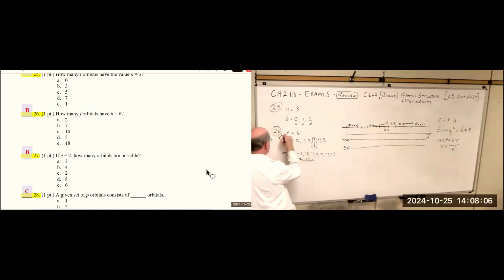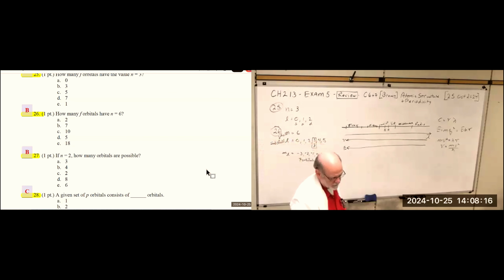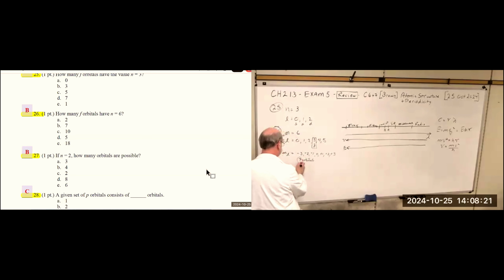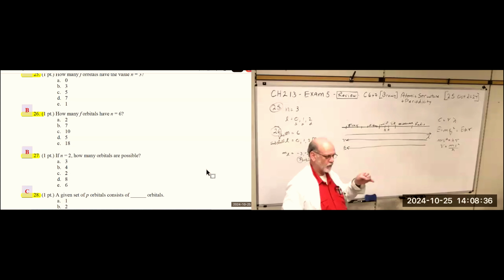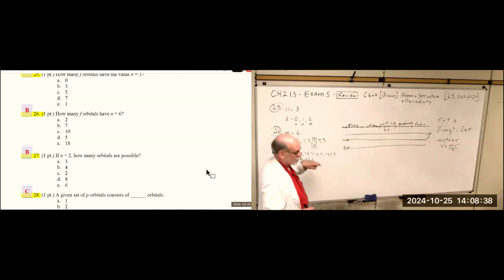Remember, this is a shell. This is a subshell. And these are orbitals. So the answer is 7. In fact, for any n of 4 or larger, you can have 7 F orbitals. So if we're including everything above, say 4, 5, and 6, that would be 21 F orbitals, right? 7 each.